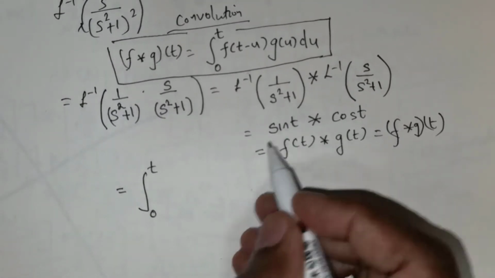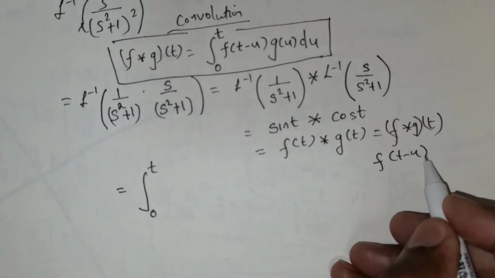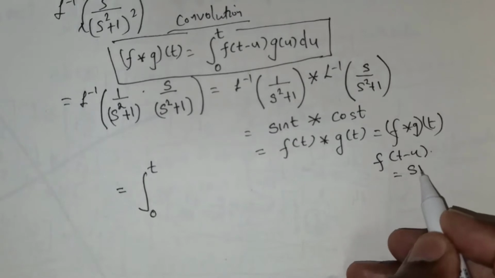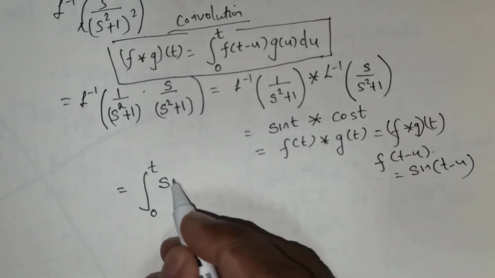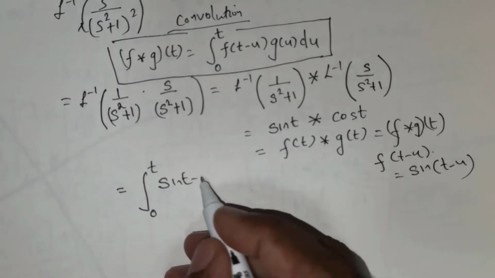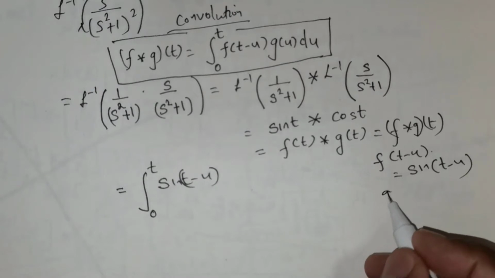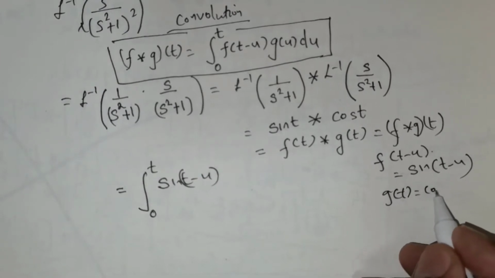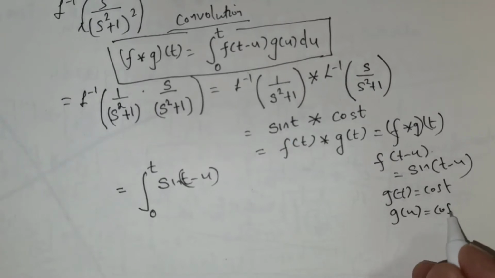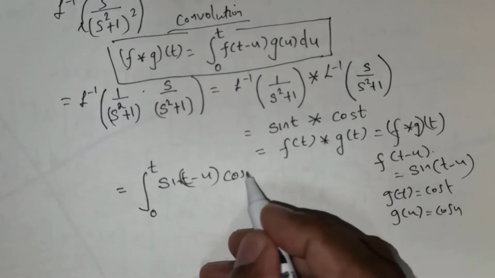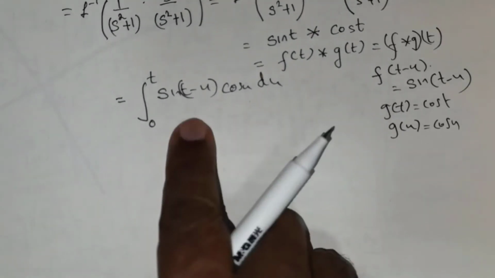My f of t is sin t, so f of (t minus u) can be rewritten as sin of (t minus u), times g of u. My g of t is cos t, so my g of u is going to be cos u. So we write cos u times du. Now we have obtained this.